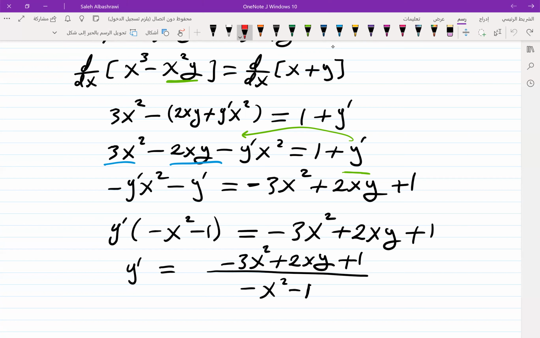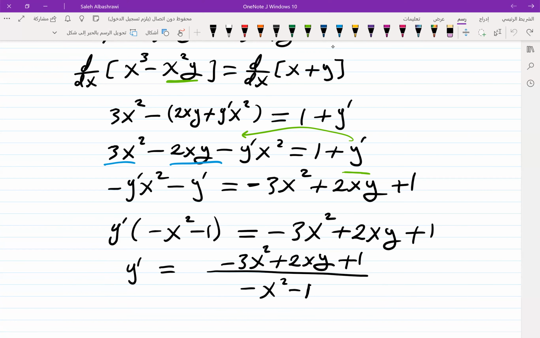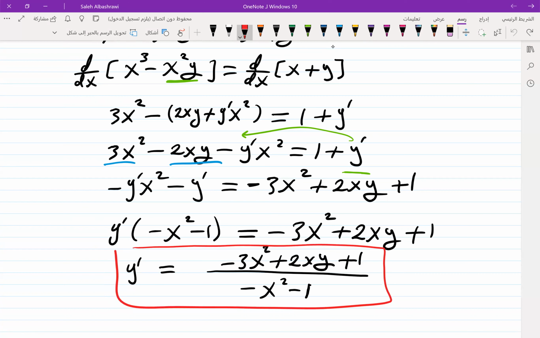And this will be the derivative, or this is y prime. It's given as a function of two variables. It is not only x on the right hand side, it is x and y. So y prime equals minus 3x squared plus 2xy plus 1 divided by minus x squared minus 1.